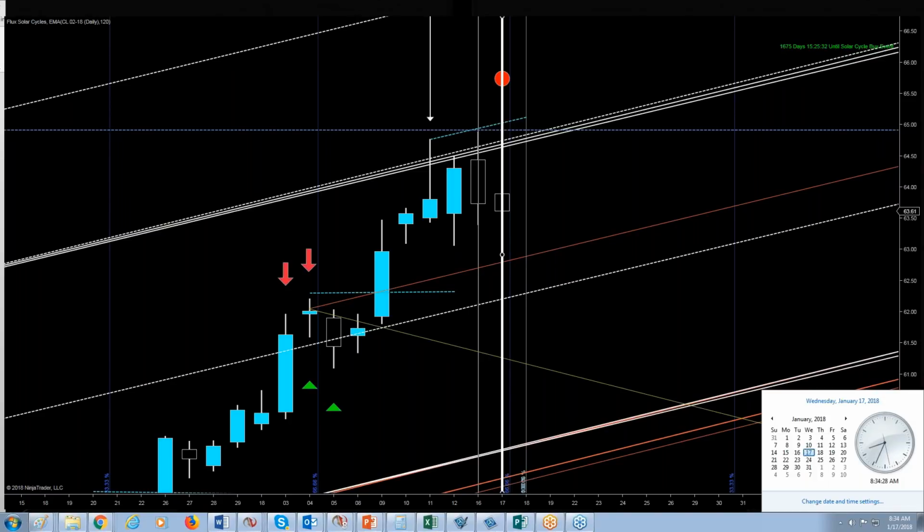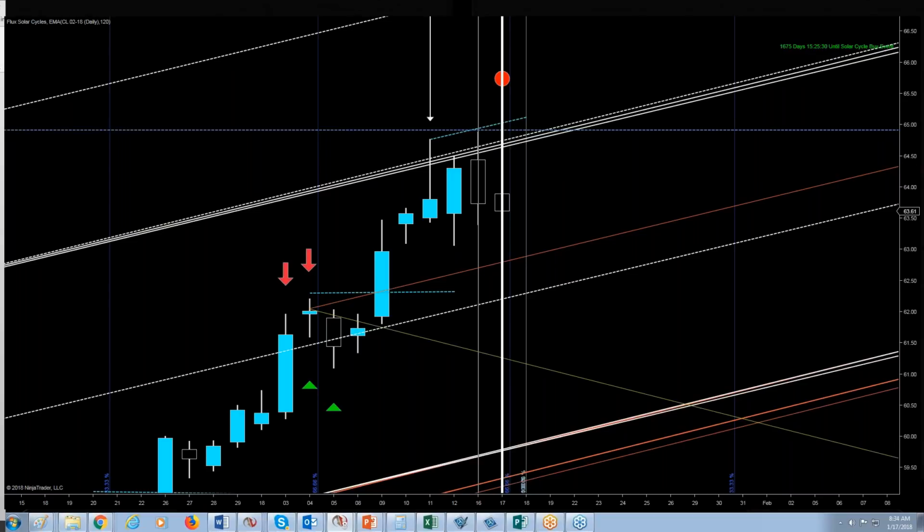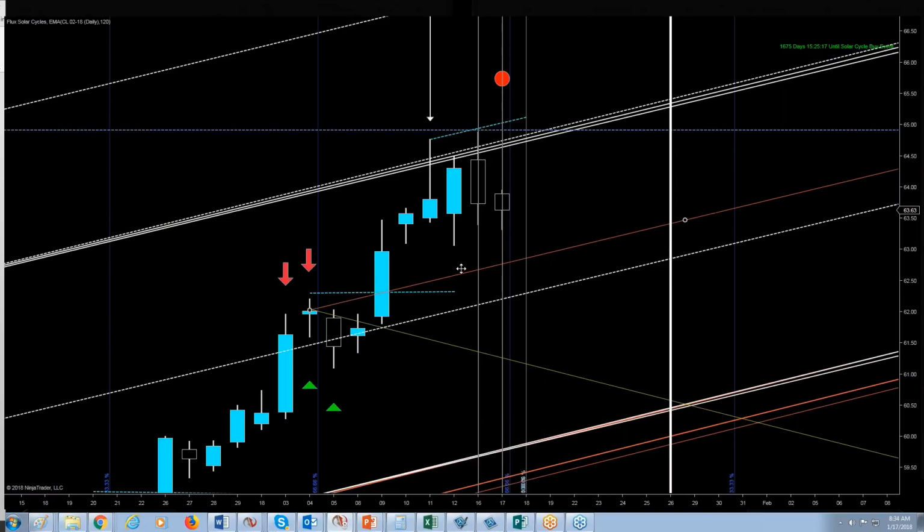It's important for you guys to understand there are sort of two areas here that are important and in play. Number one, the resonant angle for CL has us with support at 62.75.